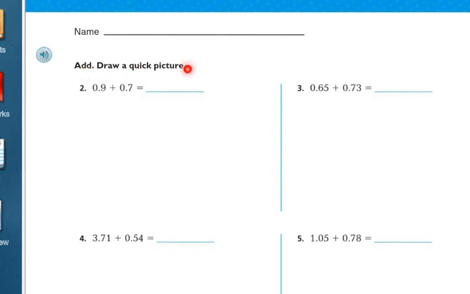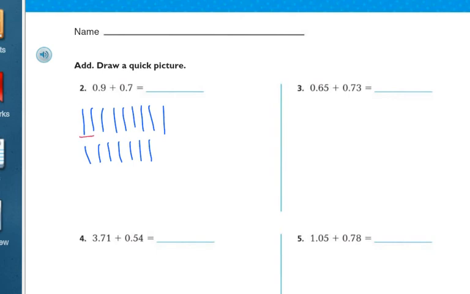Okay, I'm going to do a couple more with you. So I have 9/10 plus 7/10. If I'm drawing this out, I have 9/10, which is like 9 bars, plus 7/10. Can I regroup? The answer is yes.